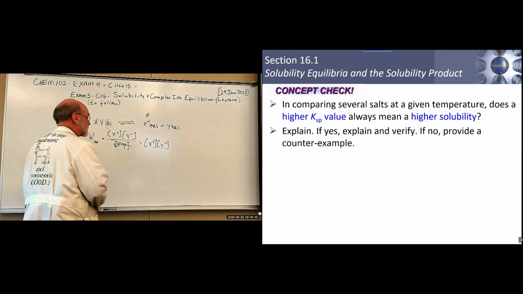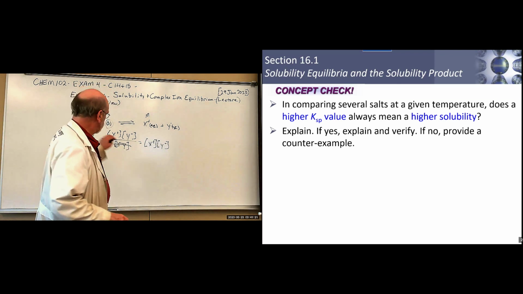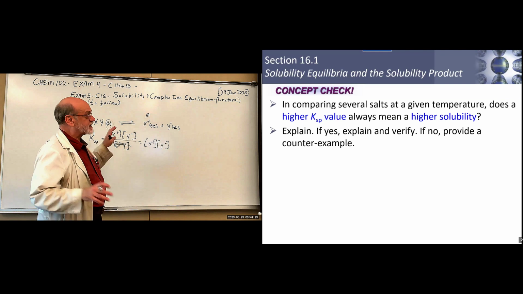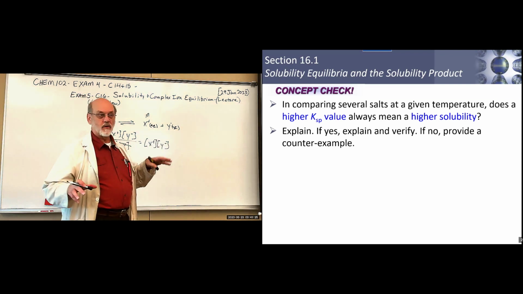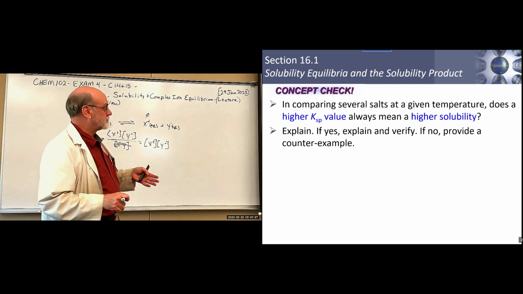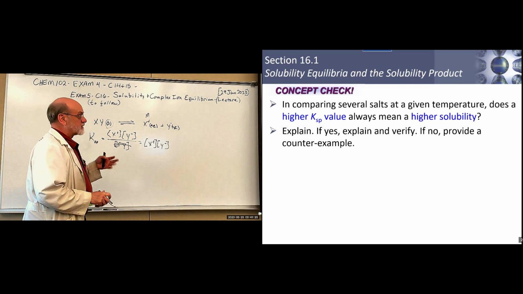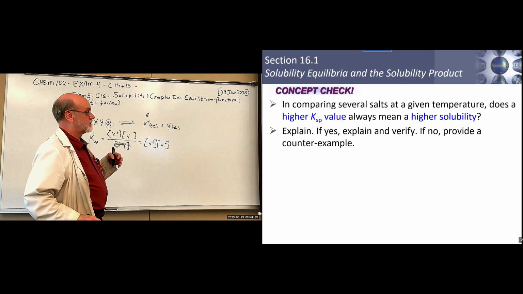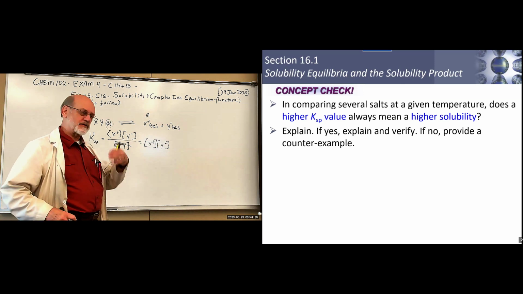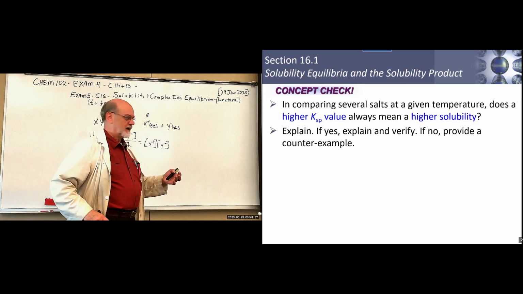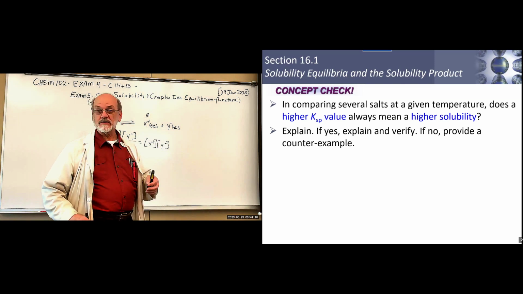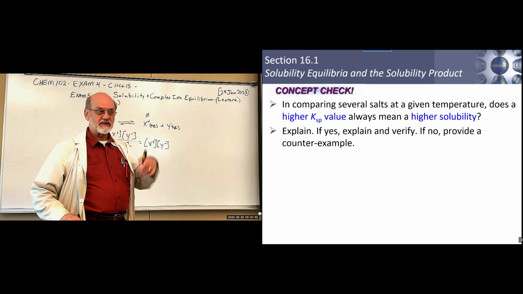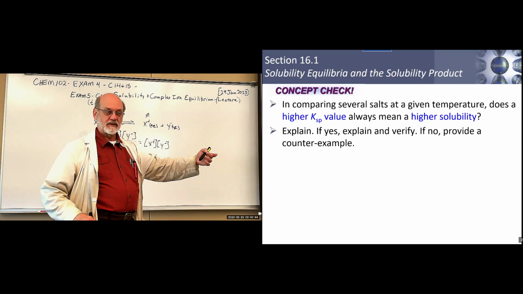So the question becomes, if you calculate this KSP for a given temperature for a compound, and you compare these for several salts, and remember the chemical definition of a salt: an acid plus base equals a salt plus water.